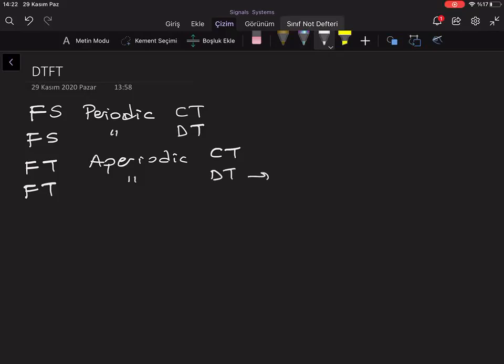That's why it's called the discrete time Fourier transform. Okay, so we will abbreviate it as DTFT.